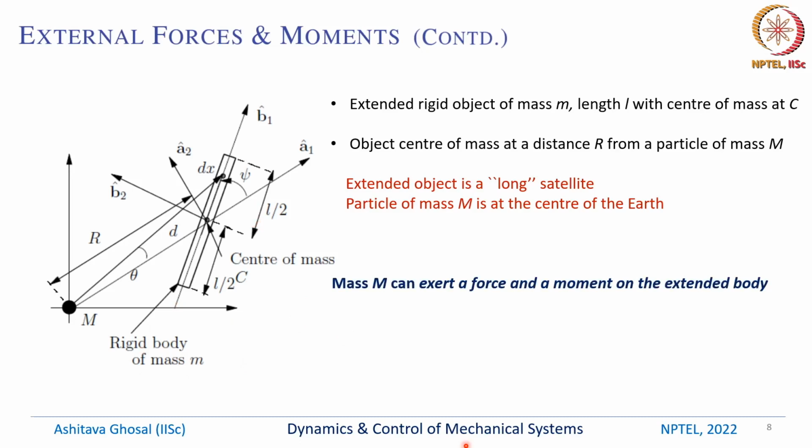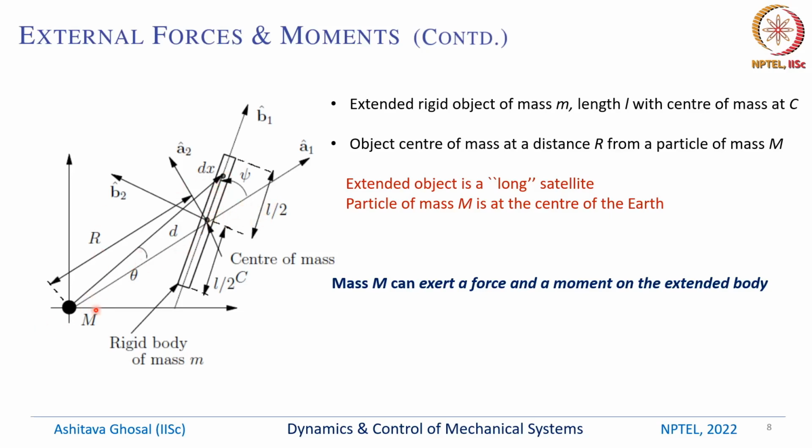So what I'm going to show you next is that this mass m can interact with this long object through gravity, but it is not only a force. It can also cause a moment on this body. So basically, it is not a force which is acting only along this line.